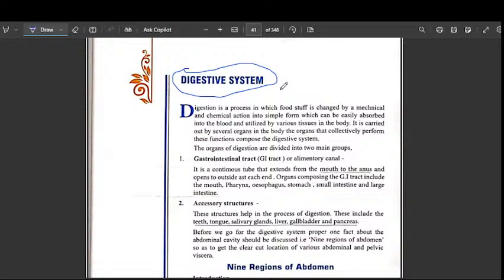Small intestine and large intestine ferment the food, then take up the nutrients and then move forward.